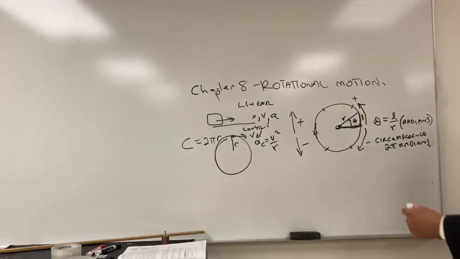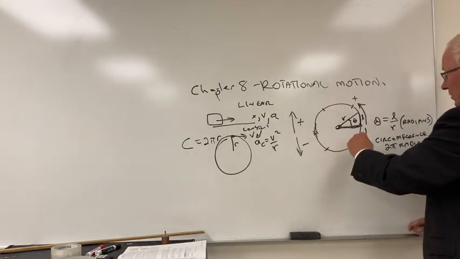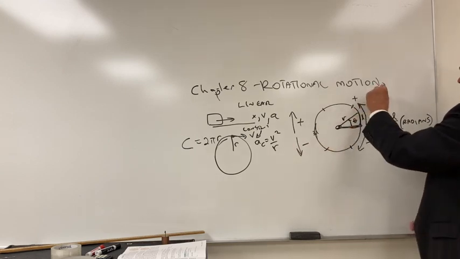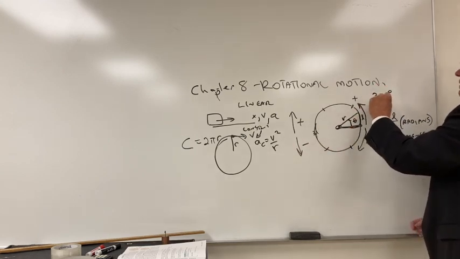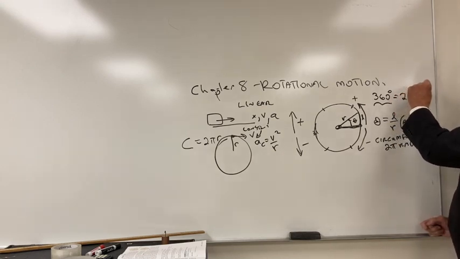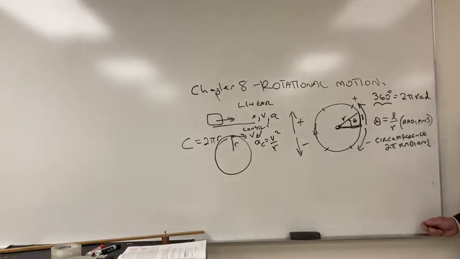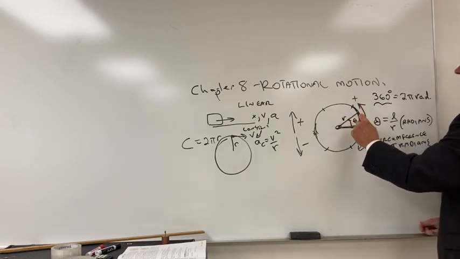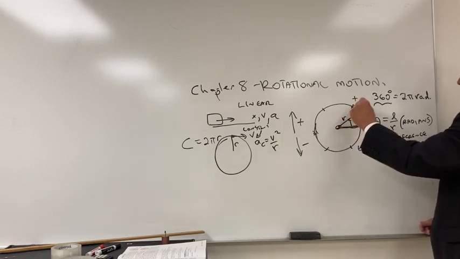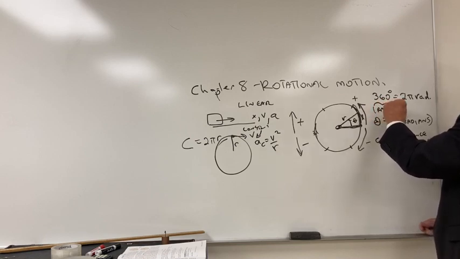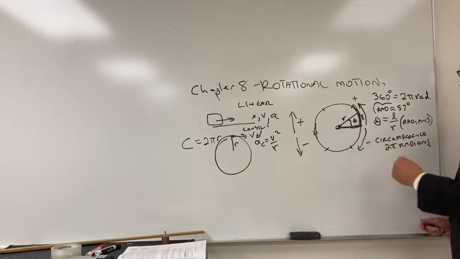If you measure in degrees, a circle has 360 degrees, which equals 2 pi radians. When the distance L equals the radius, 1 radian (rad) is approximately 57 degrees.